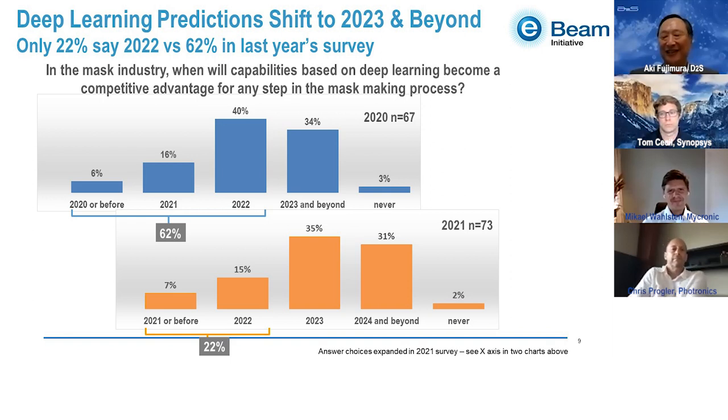Tom, you've given some important papers in this area, so I know you've been working on it. How do you feel about production deployment of deep learning technology and the competitive advantage or disadvantage that you can gain in the mask making world?